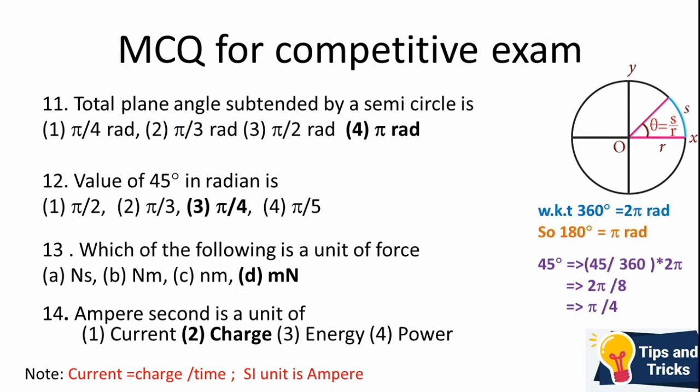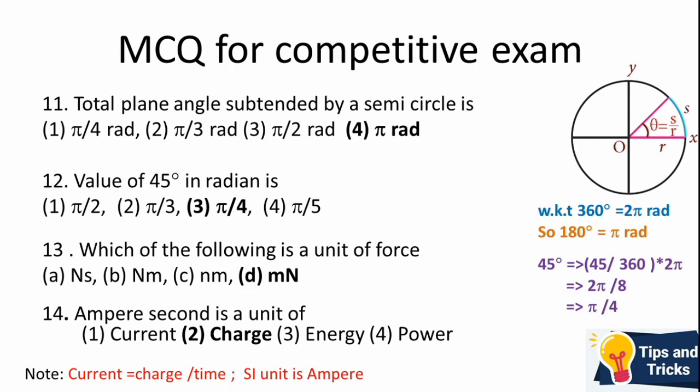So option A is NS, which is a Newton second, but it is not the unit of force. Option B Newton meter, Nm, it is a Newton meter, which is not the unit of force again. And option C Nm, which is nanometer, and it is also not the unit of force.